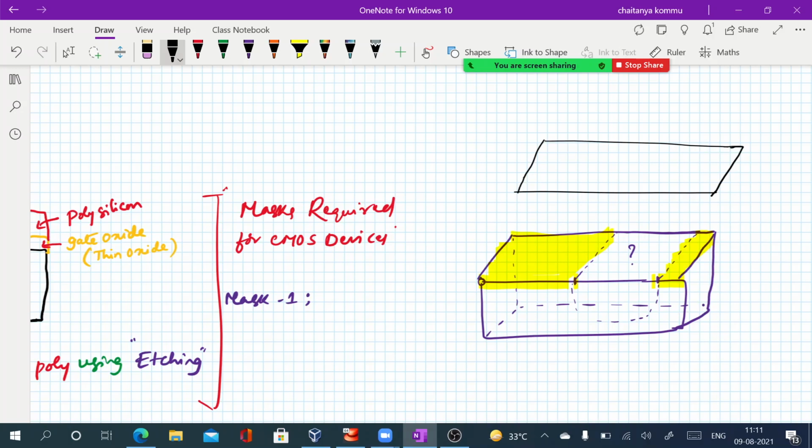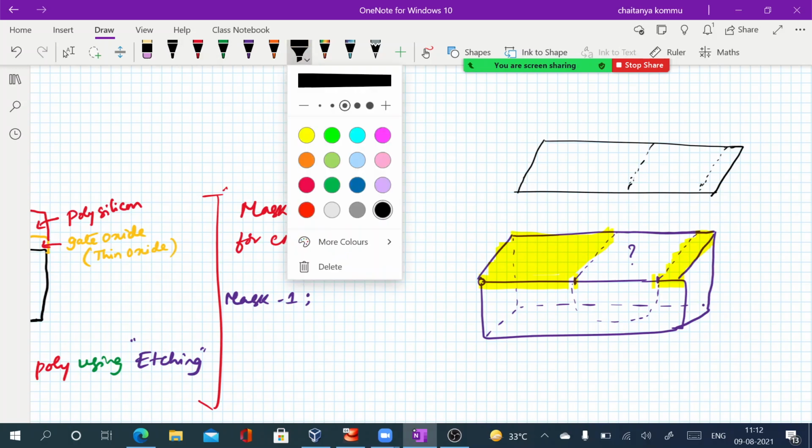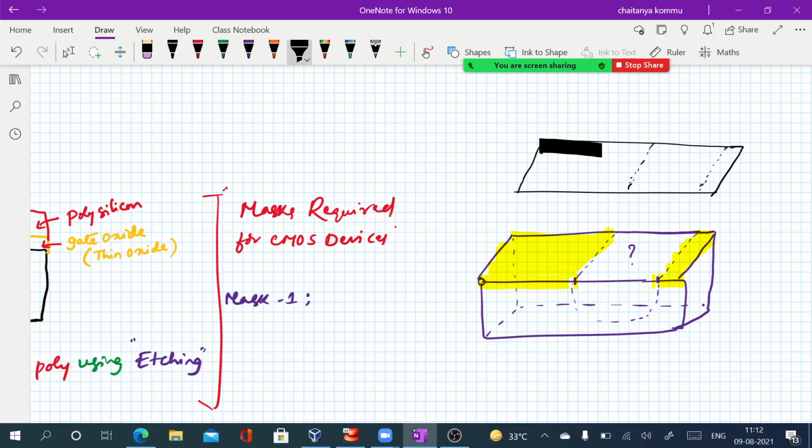In this mask, mask is nothing but a glass plate, and we have to place patterns on it. Whatever directions we want, we can do it here. This entire portion is covered with a black coated surface, and only this much is the transparent portion.